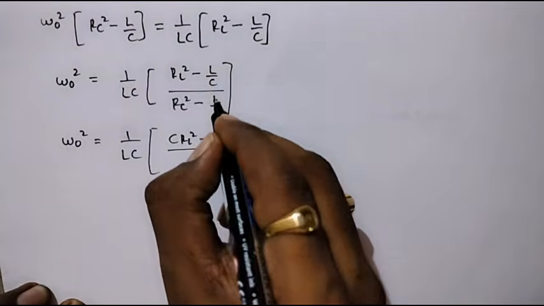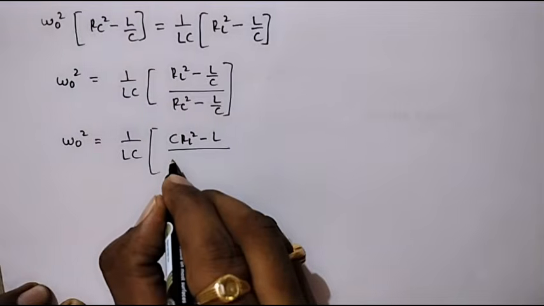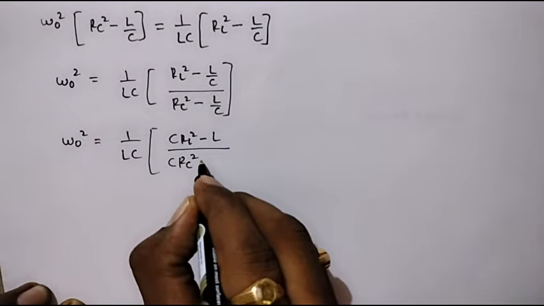This LCM C and this LCM C will get cancelled. I'll write it as C RC square minus L.